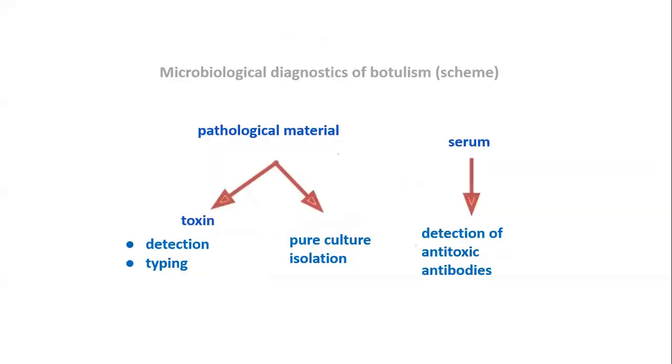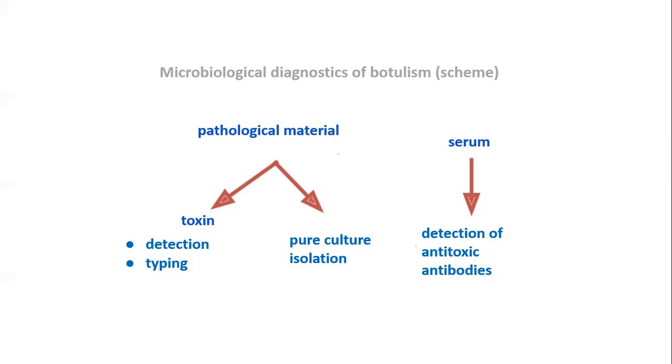Laboratory diagnostics is primarily aimed at detecting the toxin and determining its type. Isolation of the pathogen is a secondary stage of research. The test material in the diagnosis of botulism is gastric lavage, blood, vomit, feces, urine, sectional material, food residues. The blood is examined for the presence of toxin.